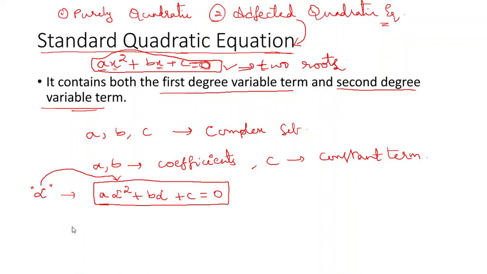And b square minus 4ac is called the discriminant.